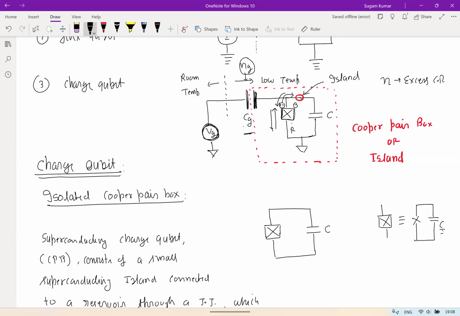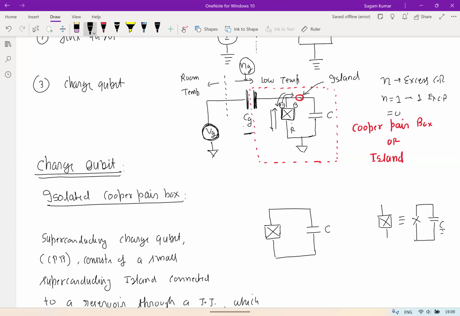So this N, which I'm calling the excess Cooper pair, will of course be a number, maybe 1, 2, 3, whatever. If N equals 1, then on this island there is one excess Cooper pair.